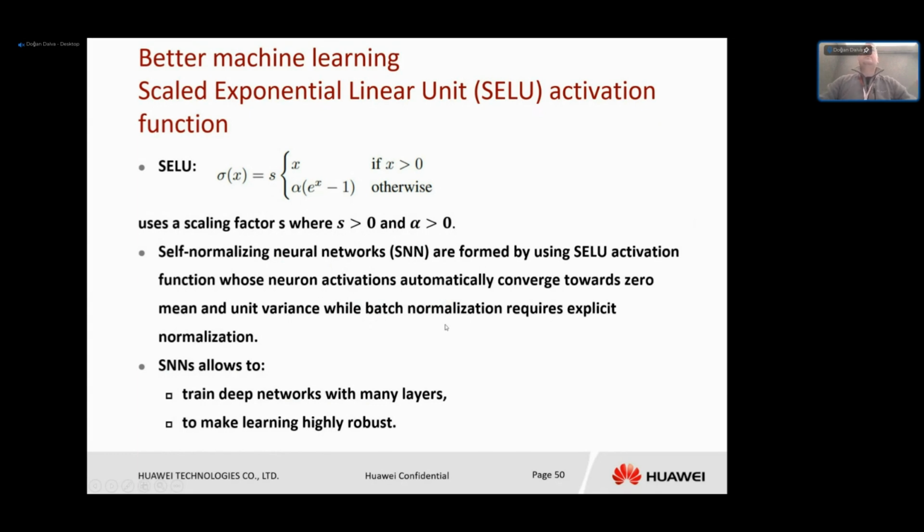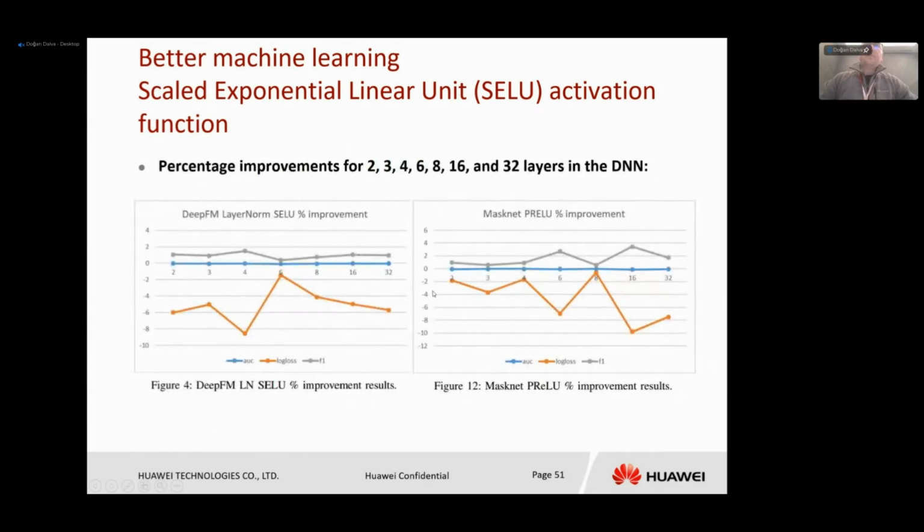When we obtain results for different numbers of layers in the DNN, as we increase the depth, the performance improvements are shown in these figures. For DeepFM, the log loss decreased by up to 8%, and F1 increases, and AUC doesn't change much.